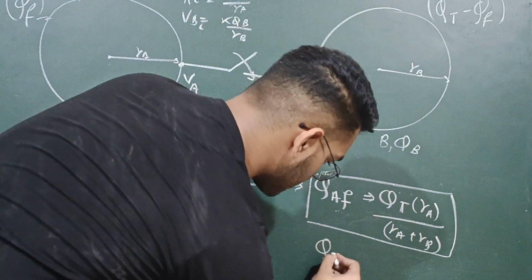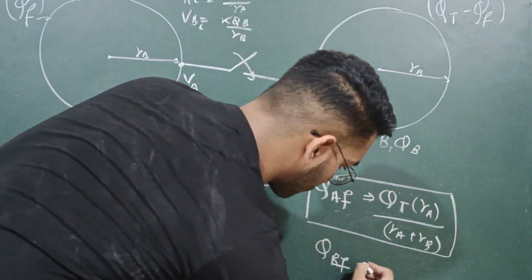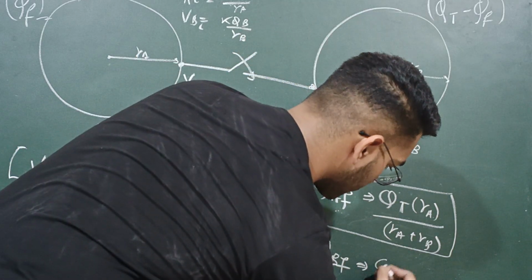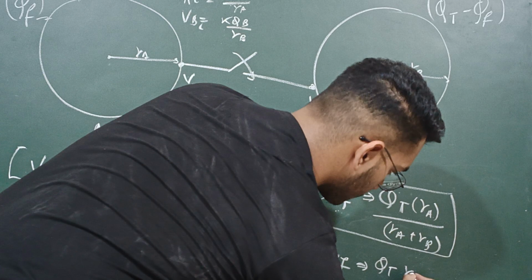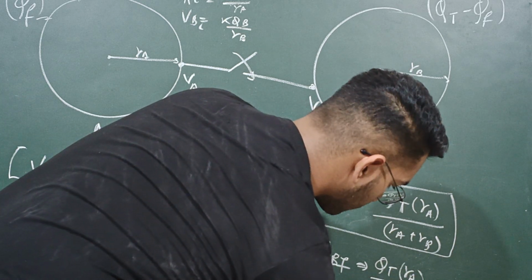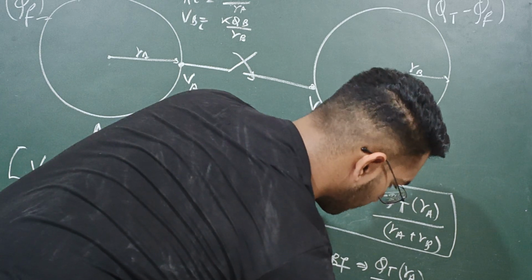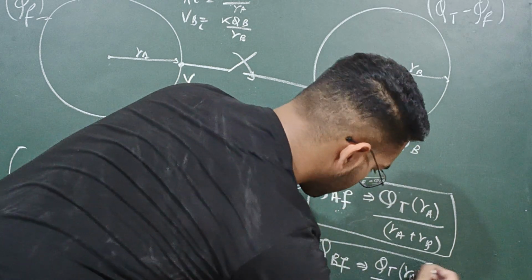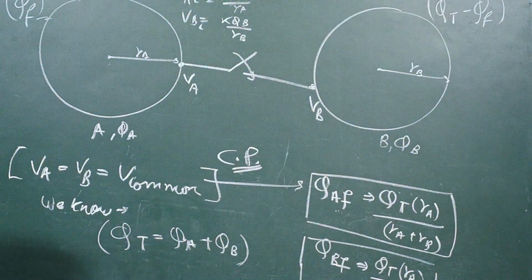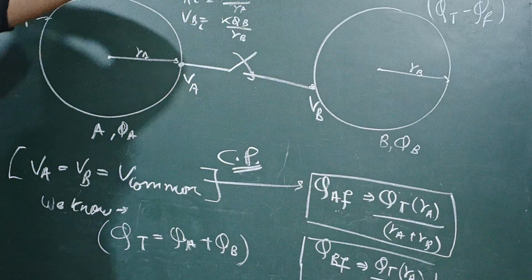And same for the second sphere. If I have to calculate its charge distribution in the final state, it will be nothing but QT times RA upon RA plus RB. And there is a special case here in which these radii are equal.